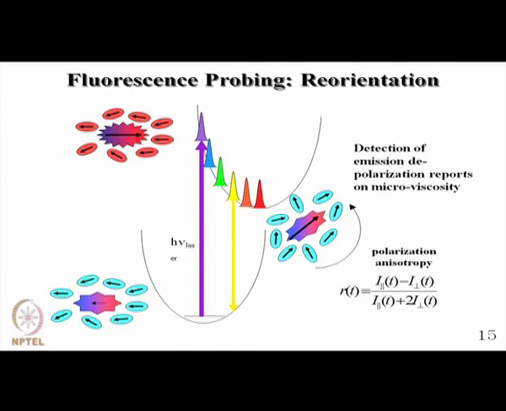So, ultrafast spectroscopy gives you a lot of information. Okay. So, polarization kinetics gives you how these solvent molecules and this dipole are reorienting with time. Okay. So, that is also a kinetic process, a time dependent process.